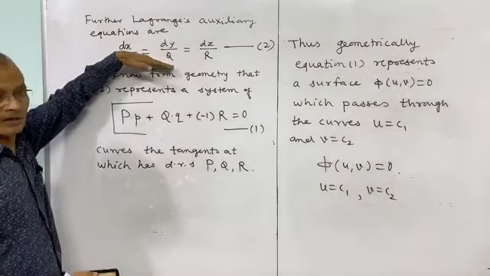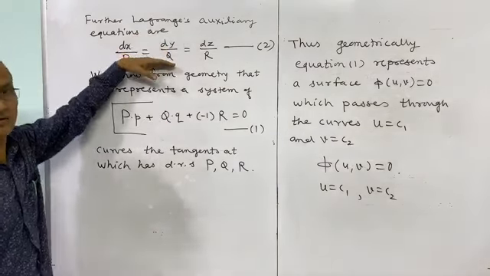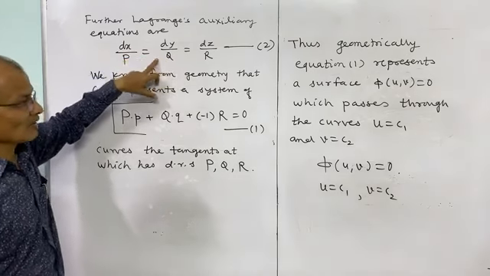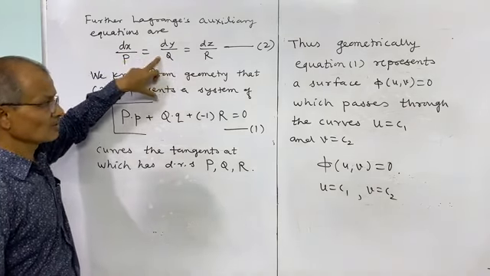First we have to solve this equation, which we have taken as the auxiliary equation, and its solutions are u is equal to c1, v is equal to c2.